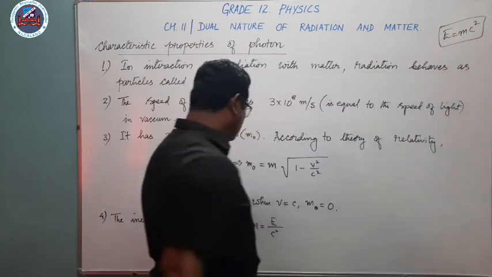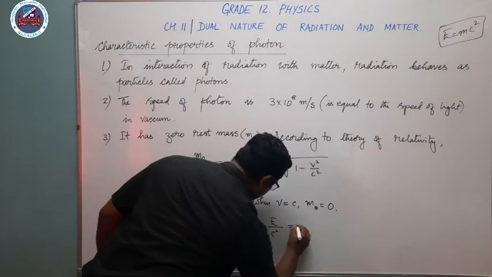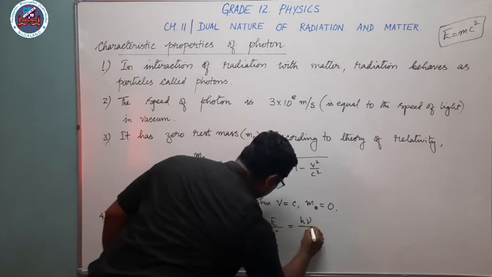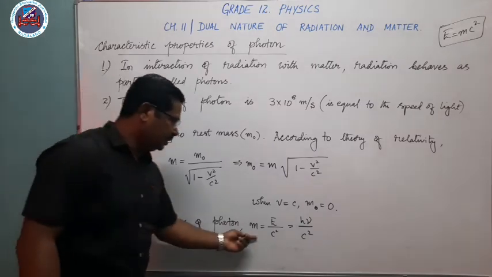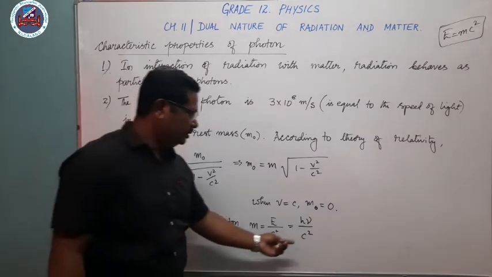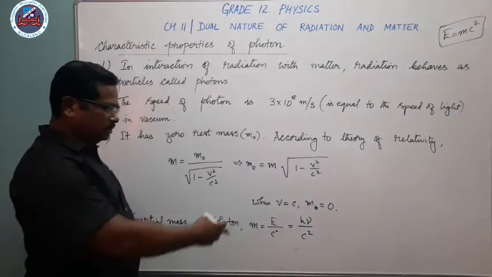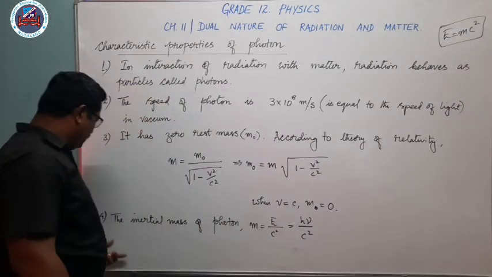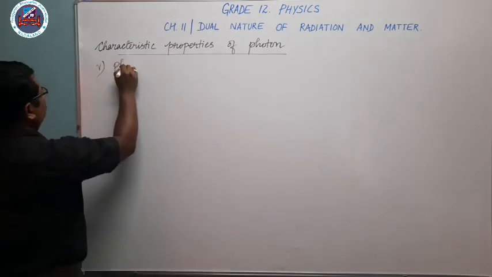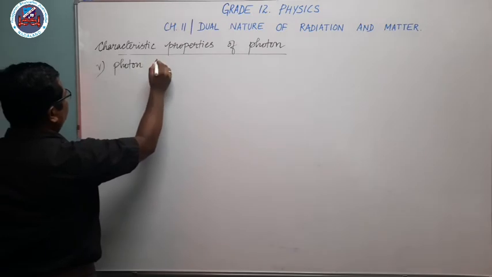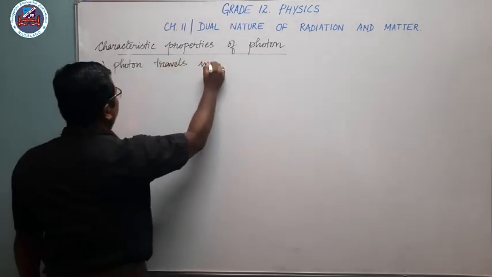So mass is equal to energy divided by c square. Energy for photon is h nu, so mass is h nu divided by c square. This will give us the inertial mass. Again, frequency you can change with wavelength, c by lambda, that also you can do. Then the fifth one: photon travels in a straight line.